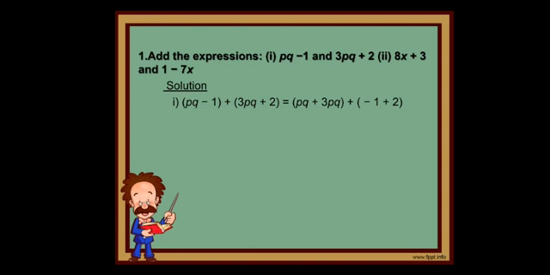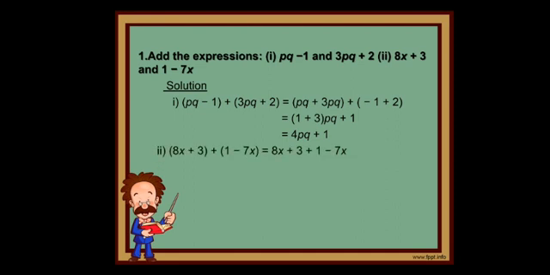Here pq and 3pq are like terms, and minus 1 and 2 are like terms. So first we write the like terms pq plus 3pq, then the constants. pq plus 3pq will be 1 plus 3, pq, and minus 1 plus 2 will be 2 minus 1, which is 1. So this will be 4pq plus 1.